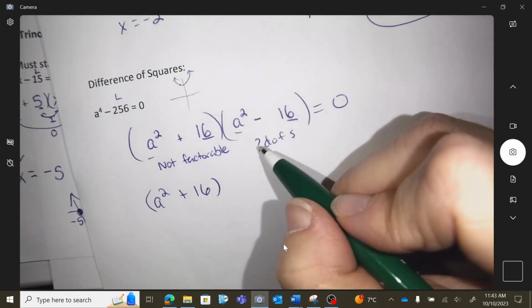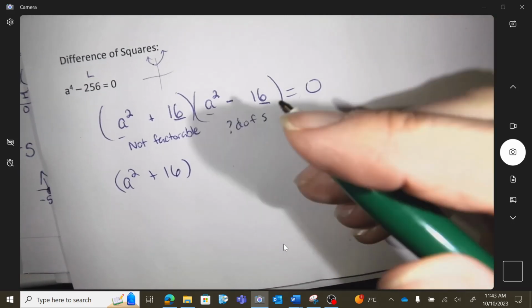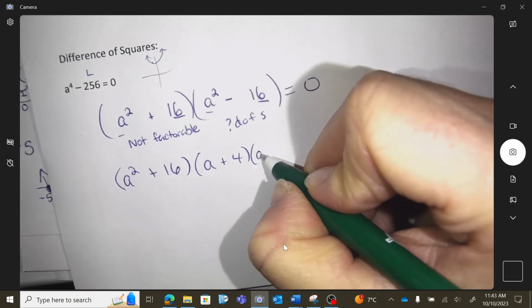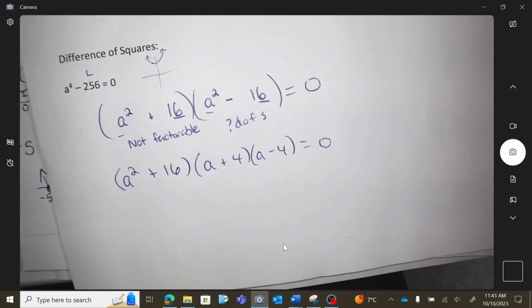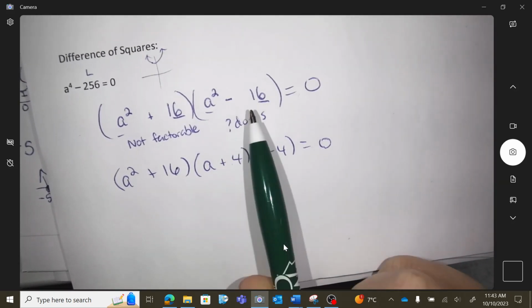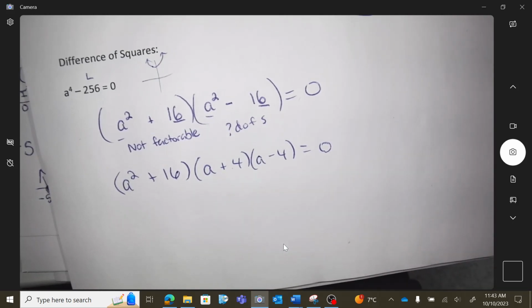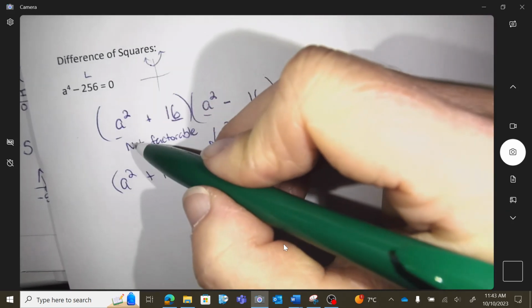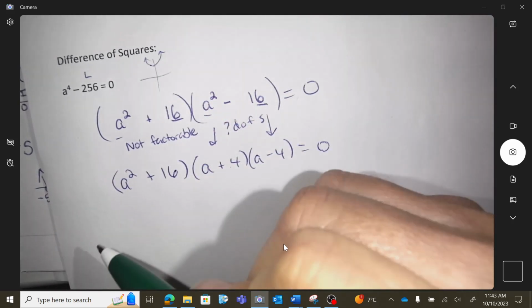And then this I can work with. So then that can break down with the plus minus 4. So this one breaks down, difference of squares. This one, please recognize it's not factorable.